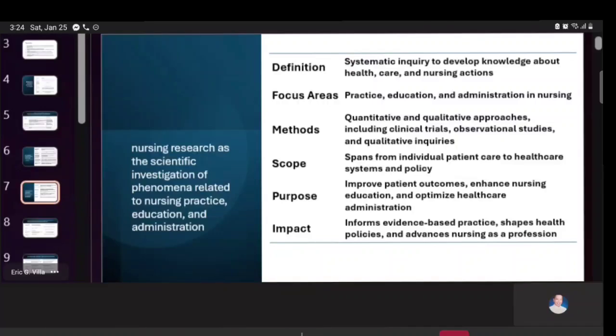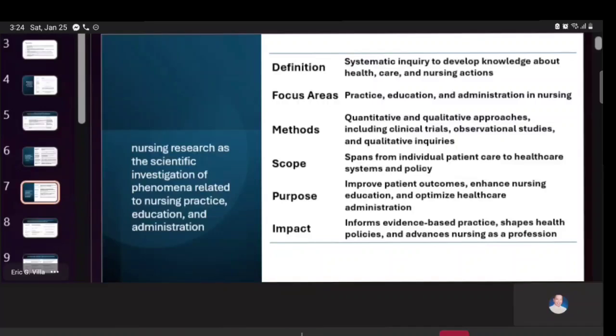This research is essential for developing knowledge that can improve patient care, enhance nursing education, and definitely optimize health administration. In terms of practice, for example, research focuses on developing and refining interventions to promote health, prevent illnesses, and manage health problems across the lifespan.